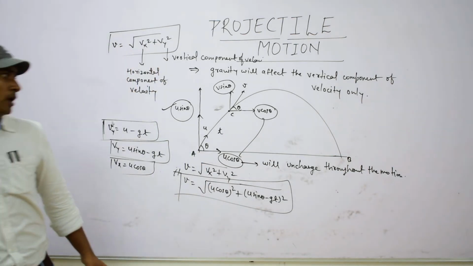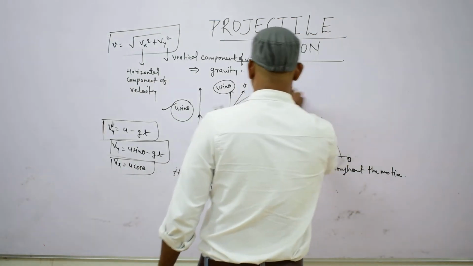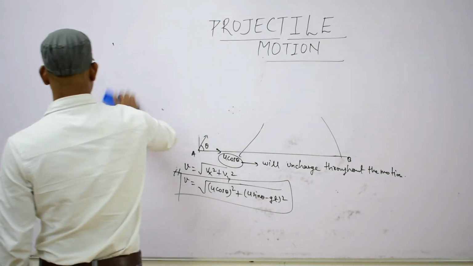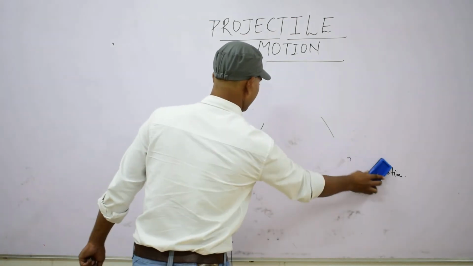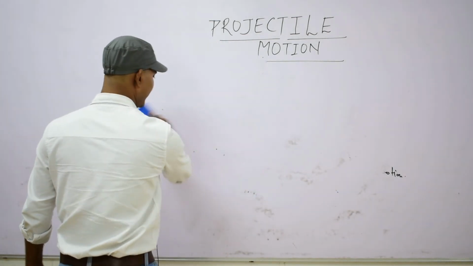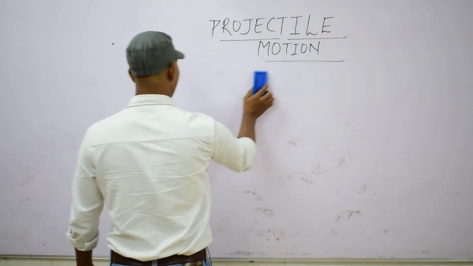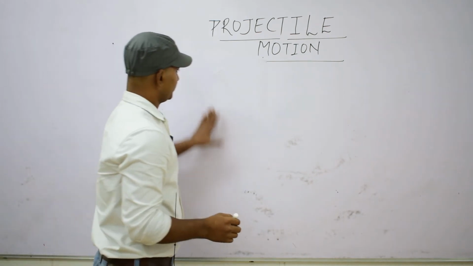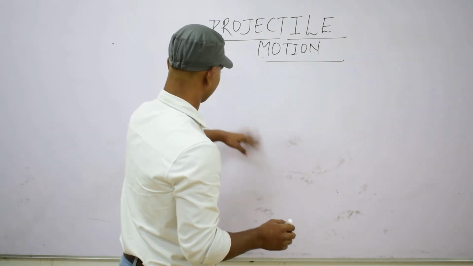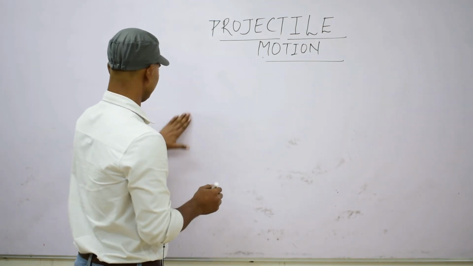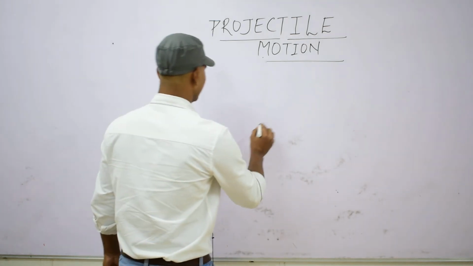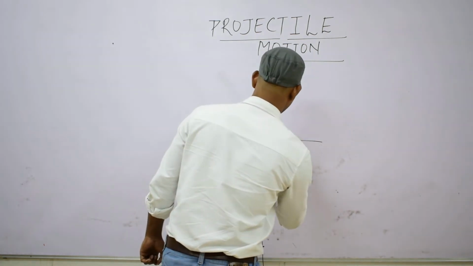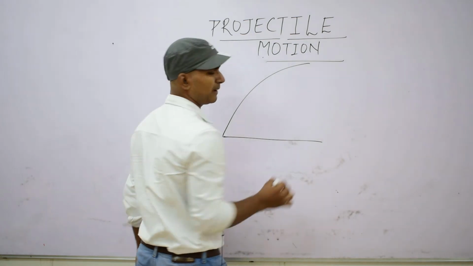Okay, now you see there are some basic formulas for finding the range, maximum height and the flight time. So let's suppose I am considering the half projectile motion till its maximum height.